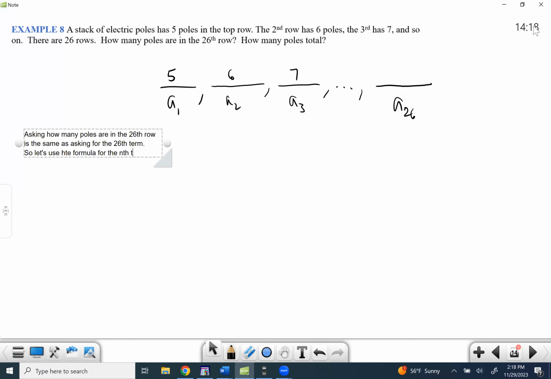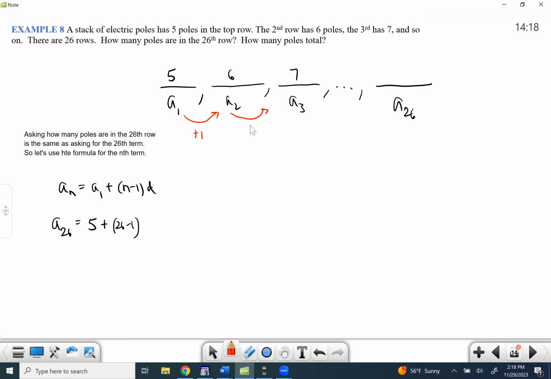Okay. All right, so in other words, this one right here. And I'm using this one because I do have a sub 1. So that's why I chose that one. All right, and we want to find the 26th. The first term is 5. 26 is n. Now, what's happening each time is that it looks like we're going up by 1.